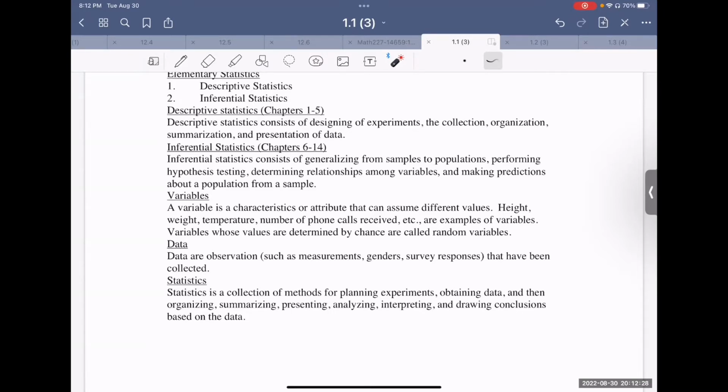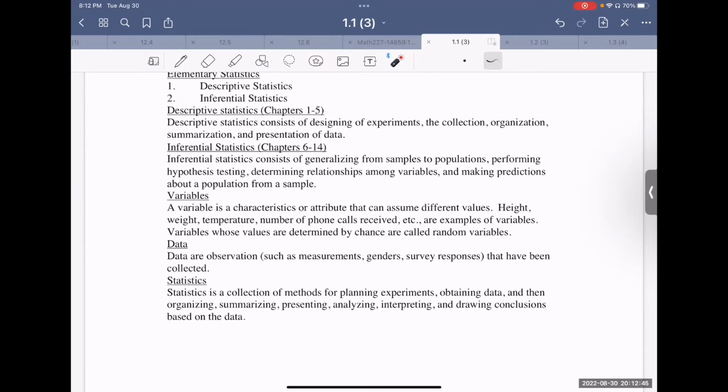Okay, so variables. I will also say that I will be giving further definitions to clarify some of these definitions.